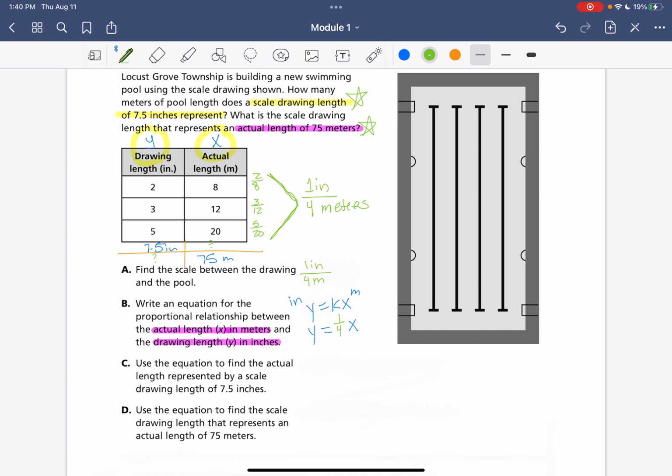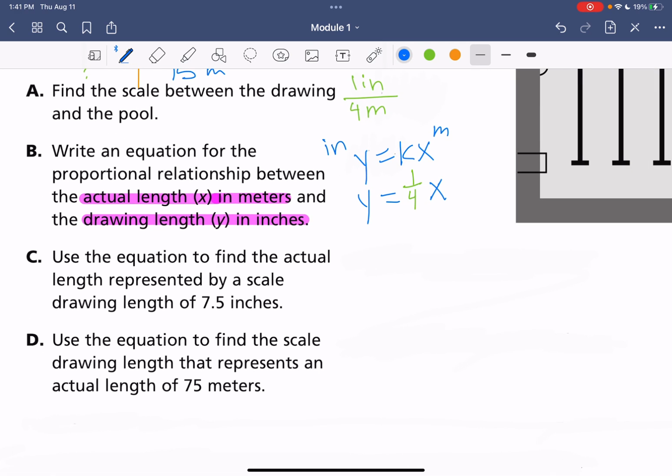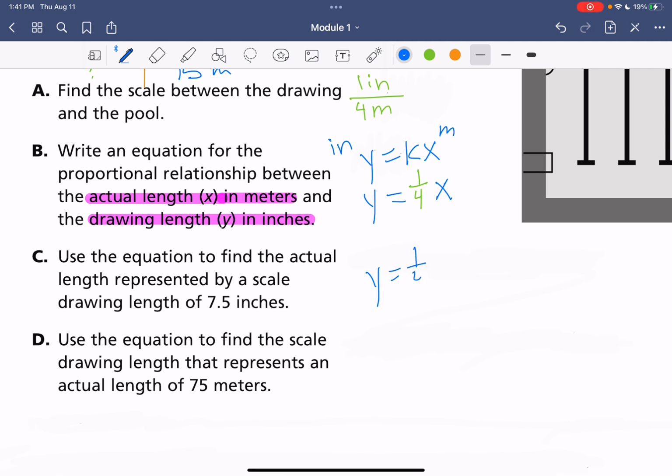So use the equation to find the actual length represented by a scale drawing of 7.5 inches. So taking our equation, y equals 1/4 x, and here we're plugging in 7.5 inches. That's what we're substituting in. So again, our inches are on this side. So that means I'm getting rid of my y here, equals 1/4 x, and I'm plugging in my 7.5.